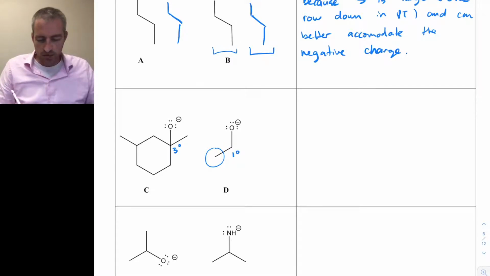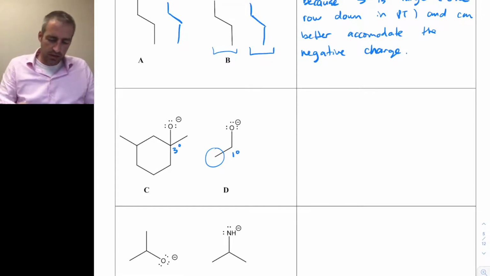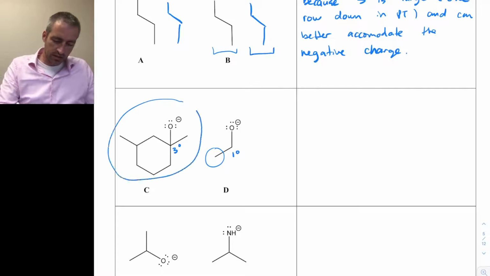But they are pushing electron density into the oxygen, and that causes more charge to build up on the oxygen. So this one actually is a less stable ion because you have three alkyl groups, because it's tertiary. You have 1, 2, 3, pushing density into the oxygen. The right-hand one, we only have 1. So the more stable one is the weaker base. D is more stable.